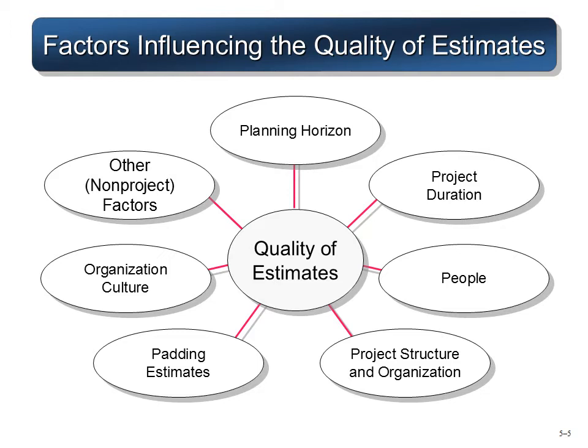That's because the longer the horizon, the more chance of uncertain factors getting in, or maybe the project team is not able to see all the unforeseen costs if the planning horizon is too long. Project duration, again, if the project duration is long, the estimation loses its accuracy.